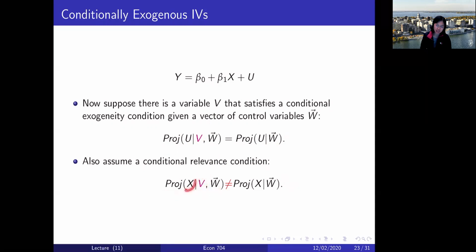That is, after projecting X on W, what's left is still correlated with V. So V is relevant for X even after taking out a linear function of W, while U should not be correlated with V after taking out a linear function of W. So if these two conditions are satisfied, then we can use V as an instrumental variable while using W as a control variable.